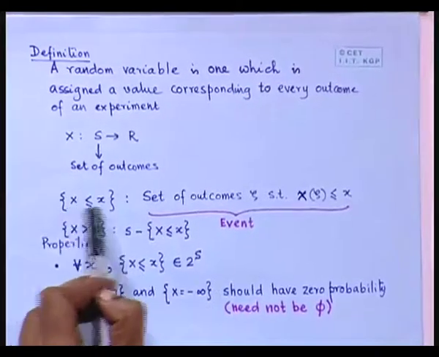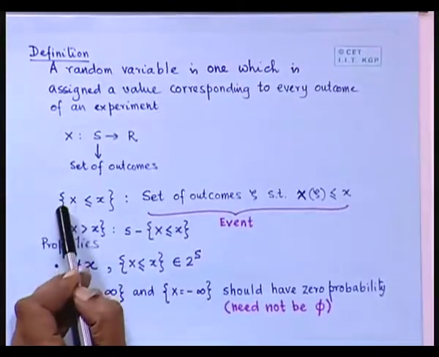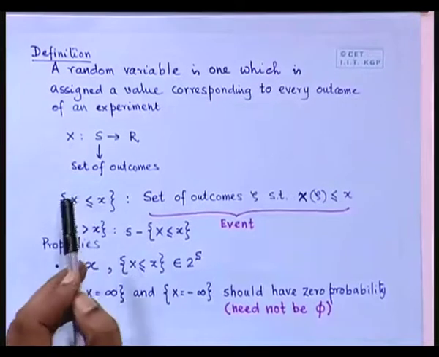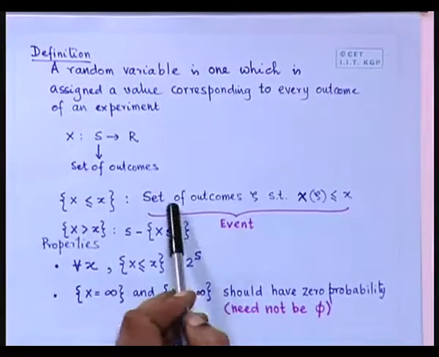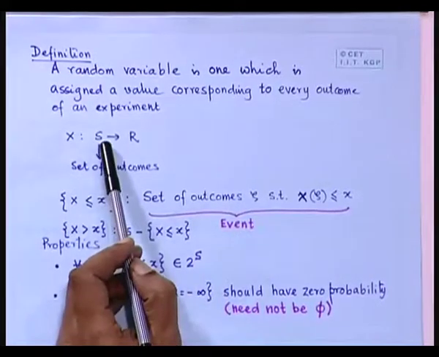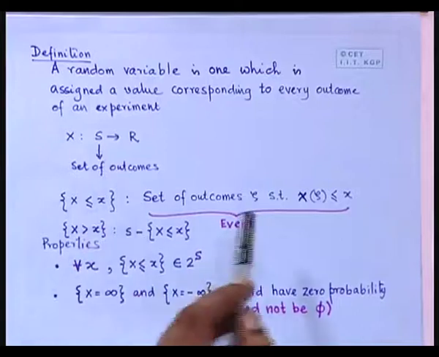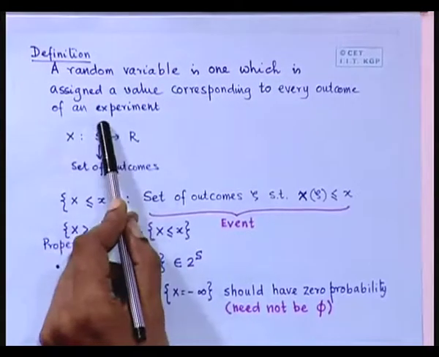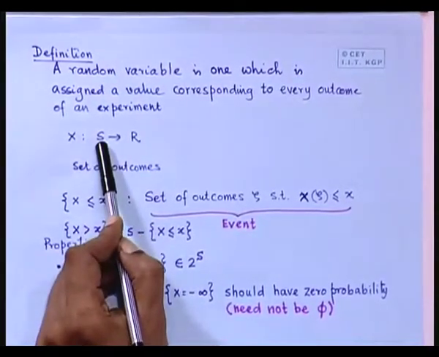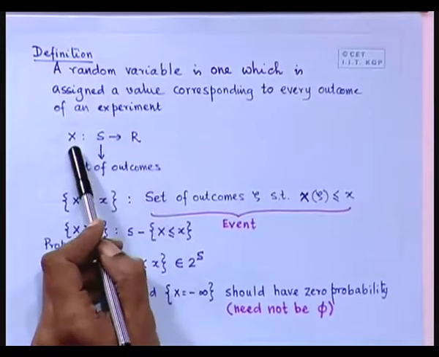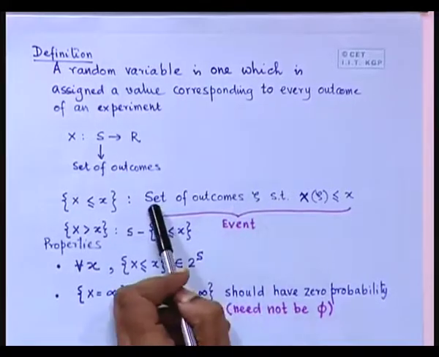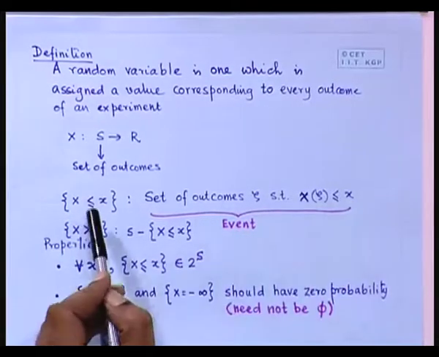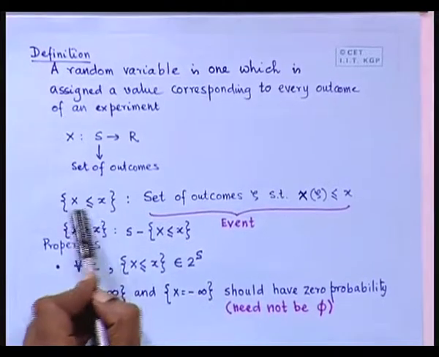This notation, within curly brackets a random variable and then an expression concerning it, means the set of outcomes xi of the experiment such that X of xi is less than or equal to x. So, this denotes a set of outcomes.